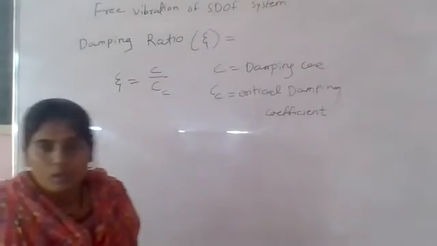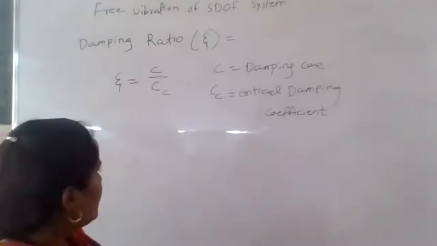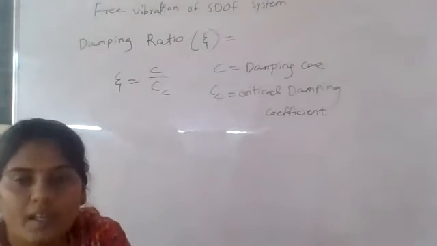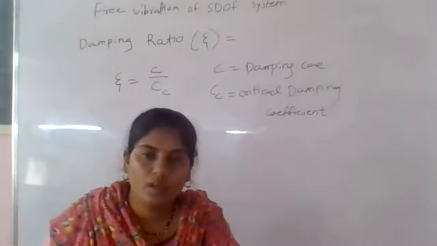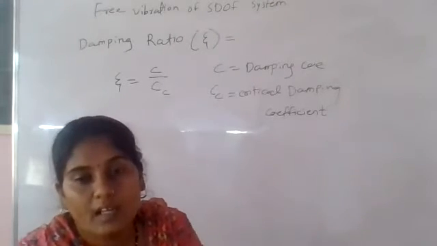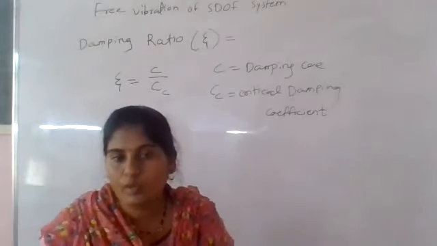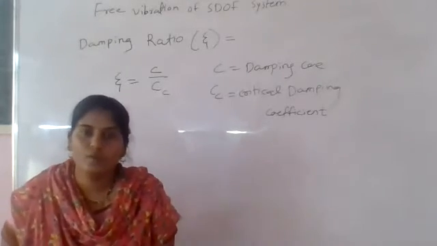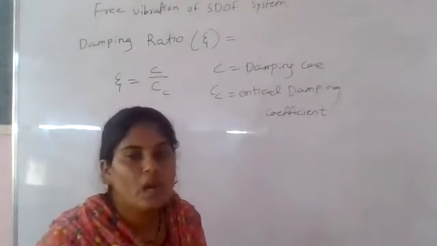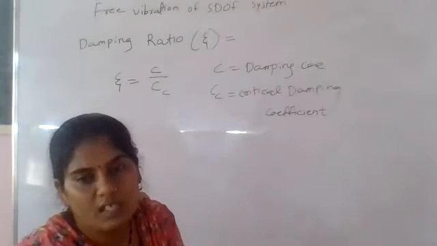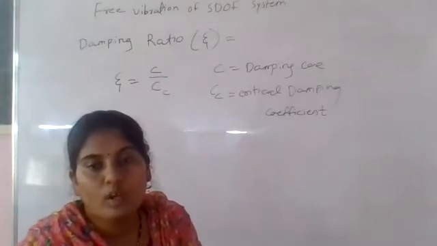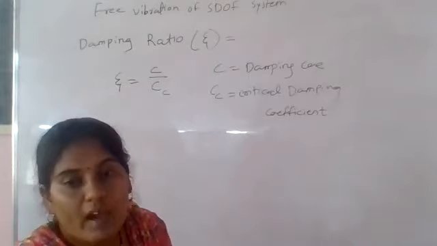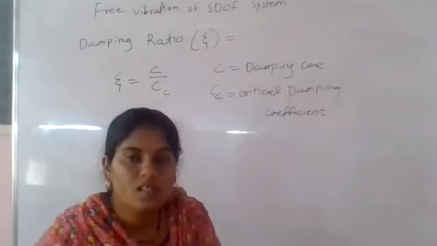Okay. So next point is that we have to convert our equation. Whatever the roots of the equation that we have got, those S12 values, we have to convert in terms of the zeta.